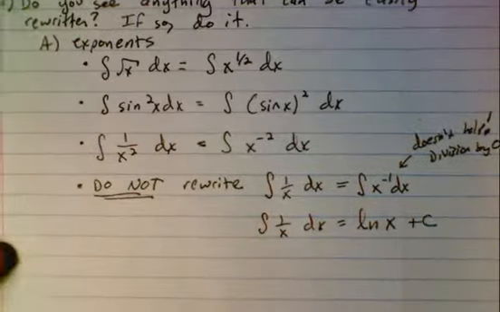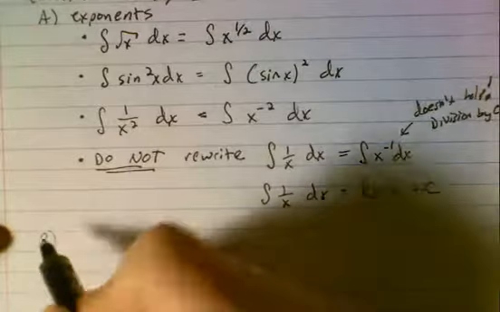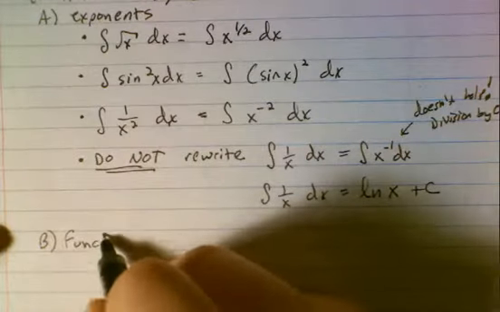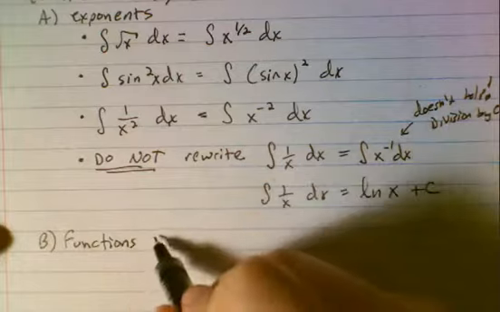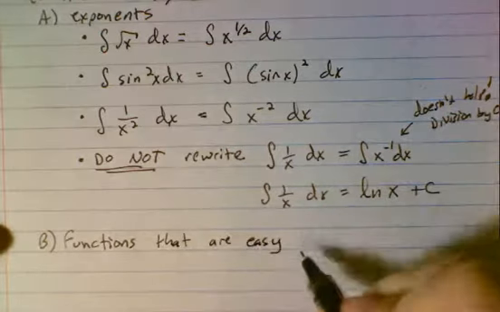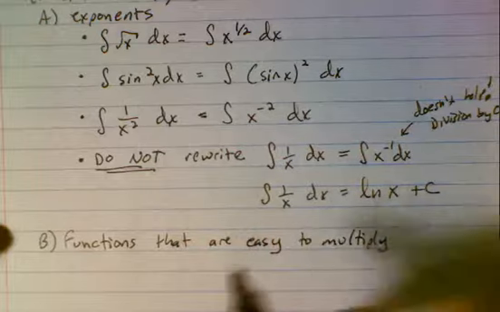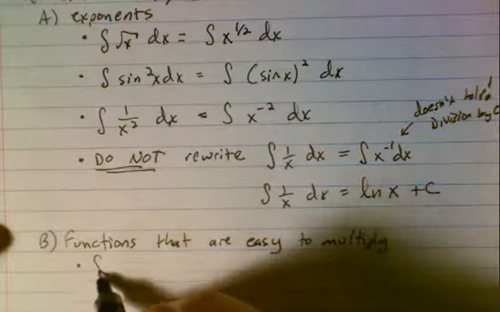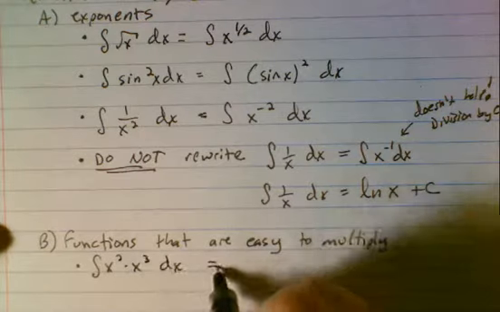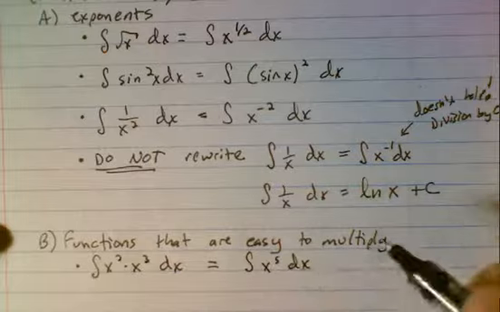There are a couple more rewrites that are more important for antiderivatives. Functions that are easy to multiply should be multiplied. So if we have something like the antiderivative of x squared times x to the 3rd dx, that should be rewritten as the antiderivative of x to the 5th dx.